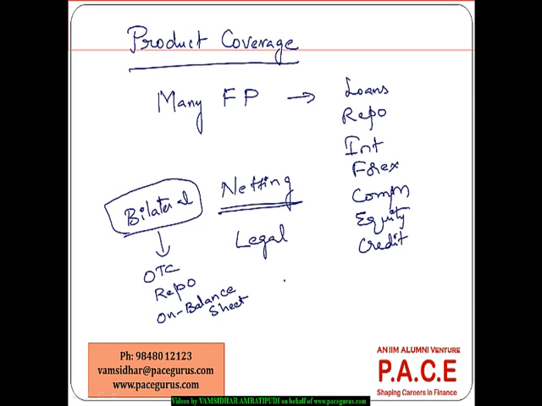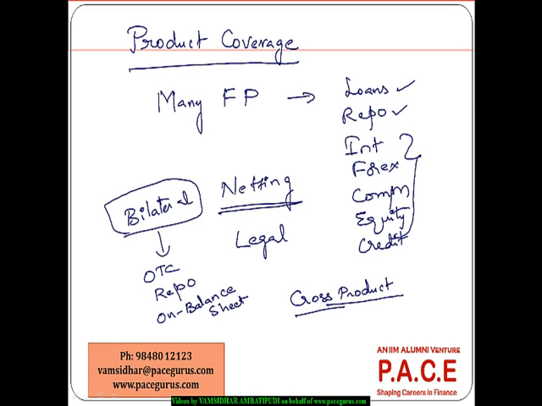Whereas if we talk about cross product netting, right, netting across the products, this is very much possible within any of these, like within loans, within the repos, within each of these products, but it cannot be possible across the different product categories.